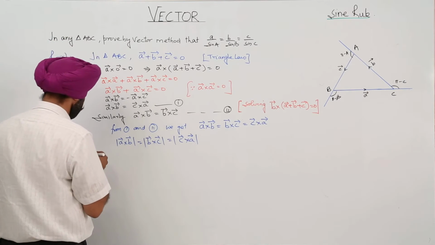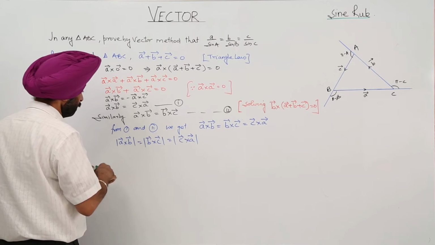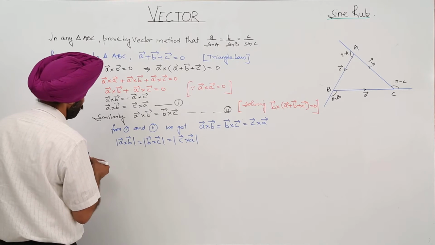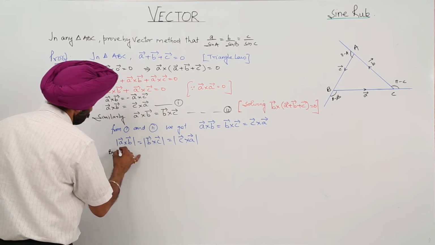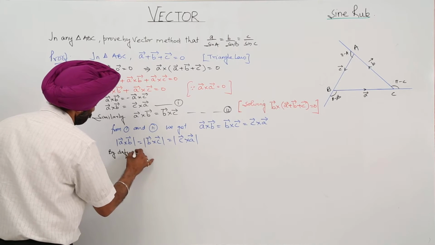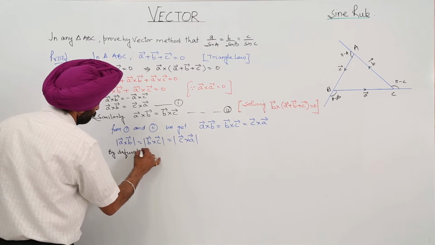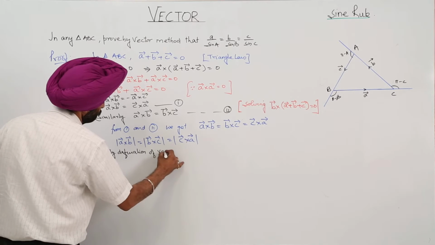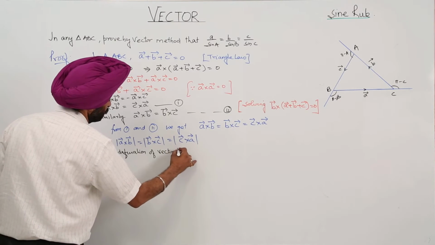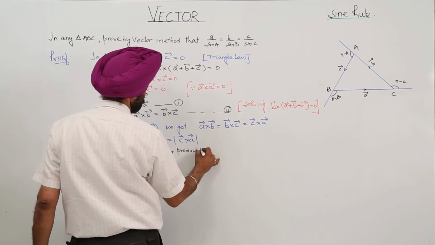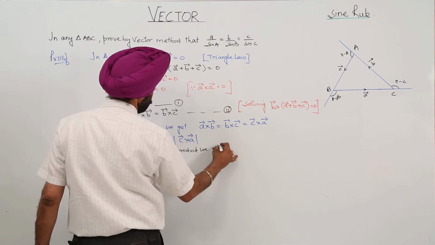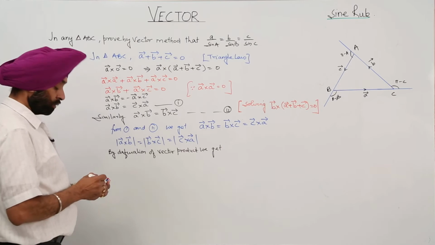Now by the definition of vector product, we get, now what are we getting?